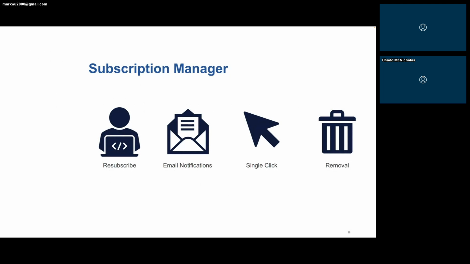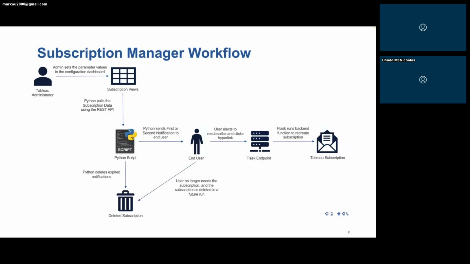The way I do it is, again, using the Python REST API to pull all the subscriptions. I send the first or second notification to the end users with a link to renew. If they click the renew link, I have a Flex endpoint listening.